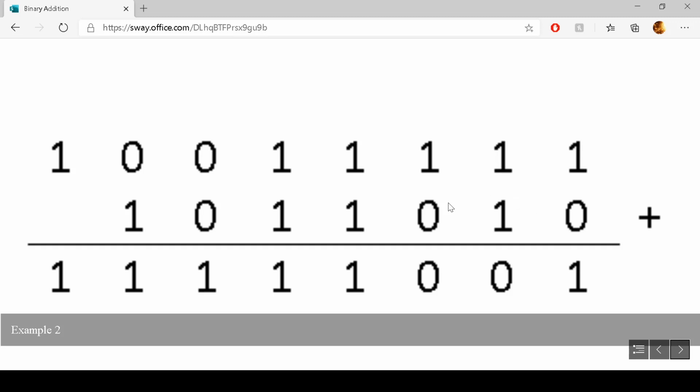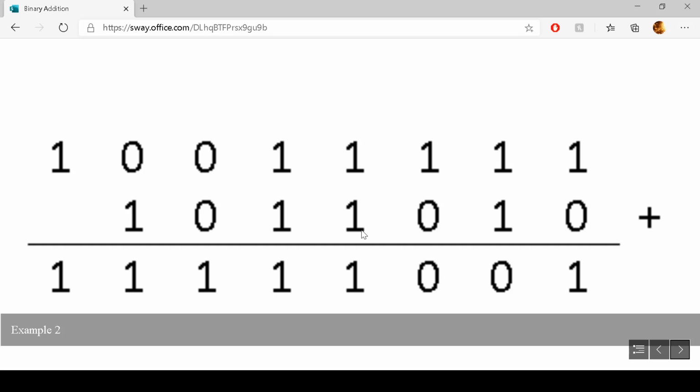Moving on to the next column we have 1 plus 1. 1 plus 1 is 0, carry 1. And then on the next column we have 1 plus 1. 1 plus 1 is 0, carry 1.